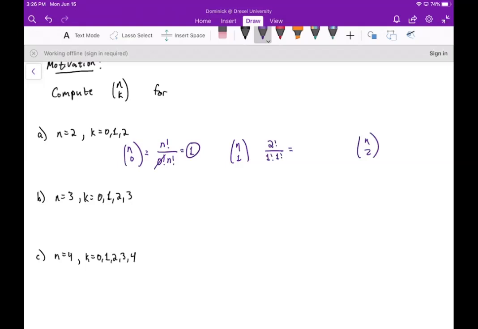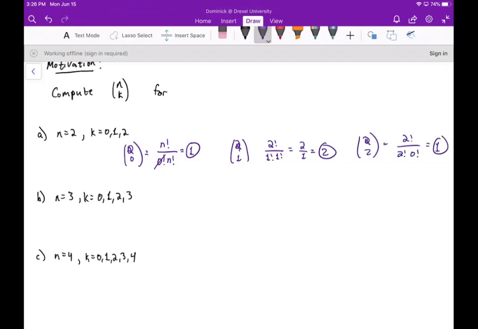Since 1 factorial is just 1, we're going to get 2 over 1, so this is 2. And then for 2 choose 2, this is going to be 2 factorial over 2 factorial times 0 factorial, so this will again give us 1.